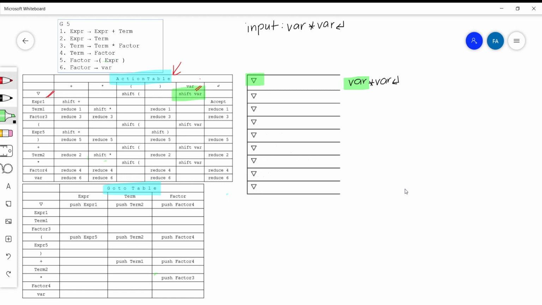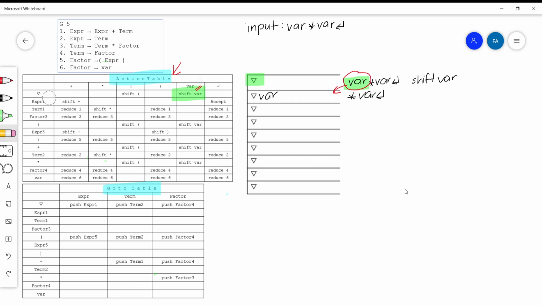So when it says shift var, I'm going to write shift var here. We will shift this input symbol onto our stack. So we will get var, and then we advance to the next pointer.